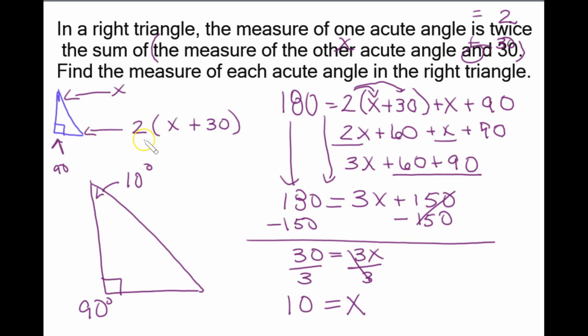So if I have 2 times x, which was 10, plus 30, I can combine like terms and I get 2 times 40, and I get 80. So therefore, this measure here is actually going to be 80 degrees.